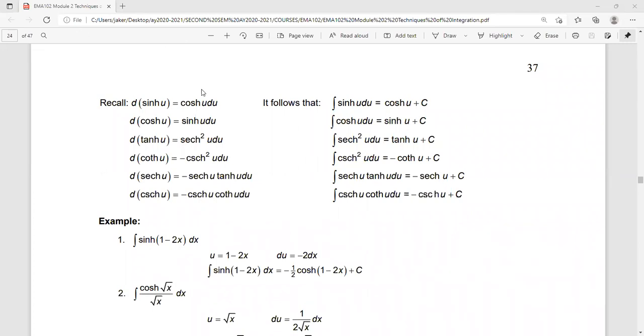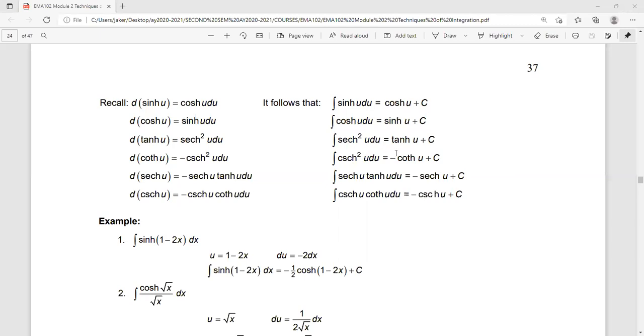And if you look closely, class, it's really not hard to memorize. The integral of the hyperbolic sine is the hyperbolic cosine. The only difference with the trigonometric function is that this should be negative. But the integral of the hyperbolic cosine is the same as that of the trigonometric cosine.